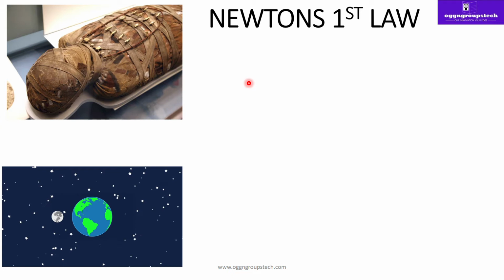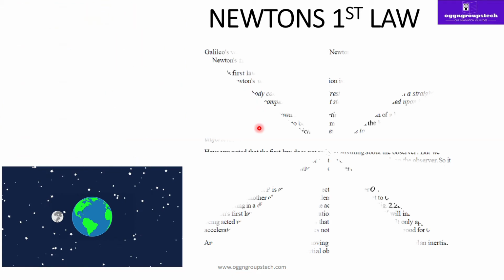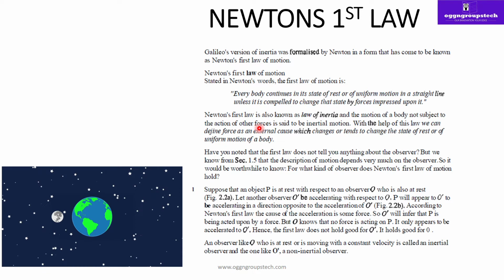So these two conditions are applicable. What we want to say is that the body will change its state when some force acts on it. So just see the definition: a body continues in its state of rest or of uniform motion in a straight line unless it is compelled to change that state by forces impressed on it.